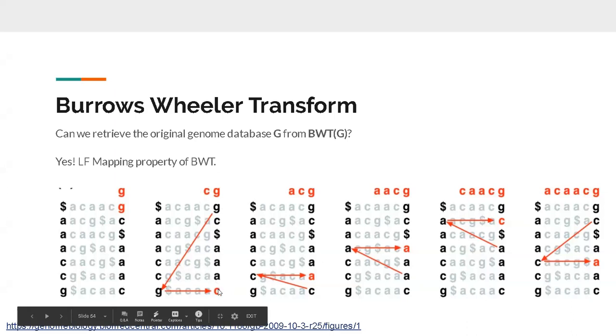Now, again, you will be able to appreciate the LF mapping property more. Out of these two C's, which C to choose? Again, you will look at the rank of this C. What is the rank of this red C? Two.